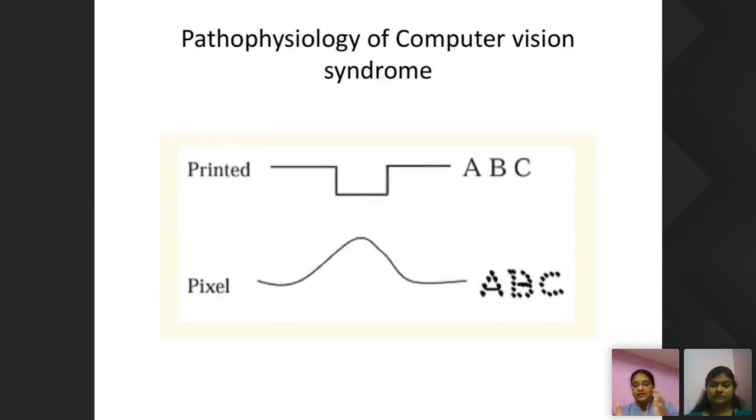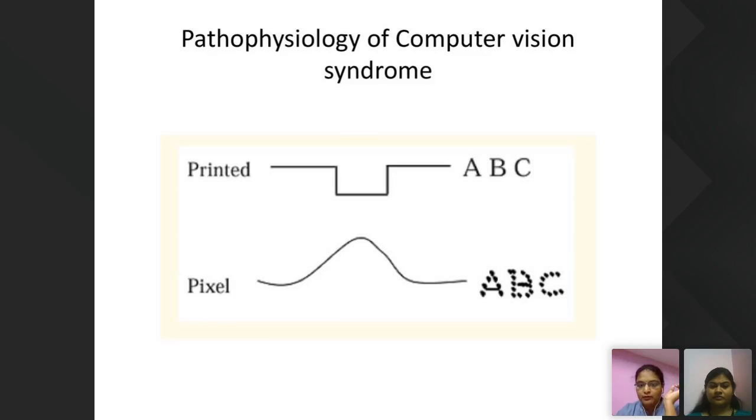Okay, so till now we saw the pathomechanics or mechanics, and now we are entering into the pathophysiology of computer vision syndrome. There is a difference between how we view text on a blackboard and how we view text on a computer screen. On a blackboard we can see the full length of the letter.